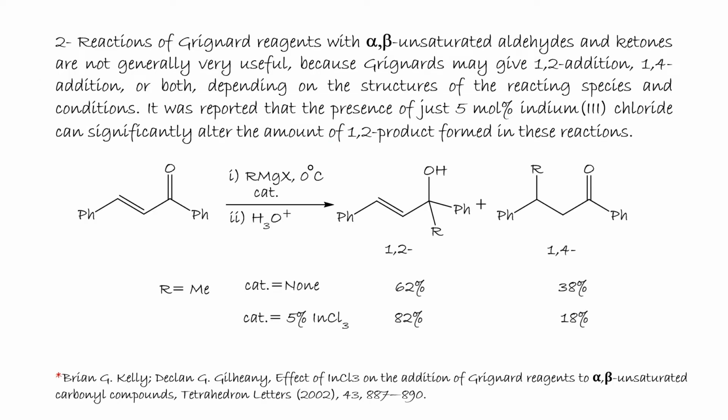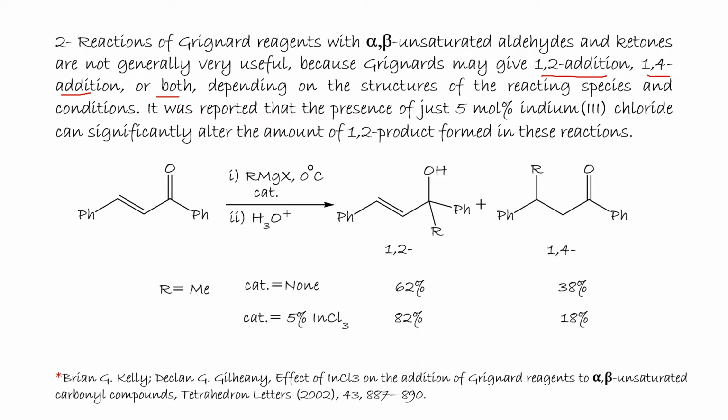Reactions of Grignard reagents with alpha beta unsaturated aldehydes and ketones are not generally very useful because Grignards may give 1,2 addition, 1,4 addition, or both, depending on the structures of the reacting species and conditions.